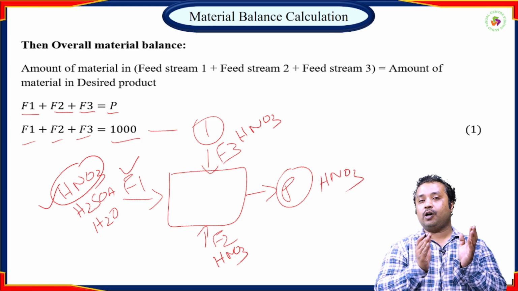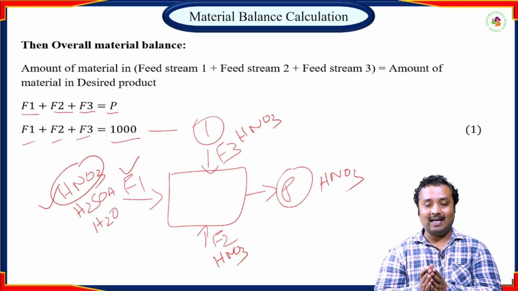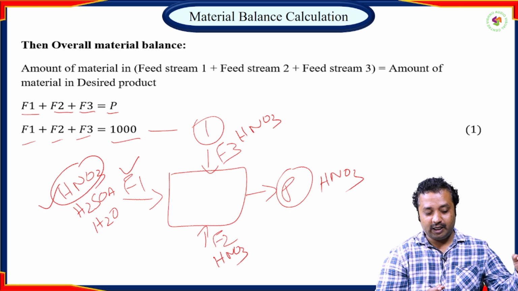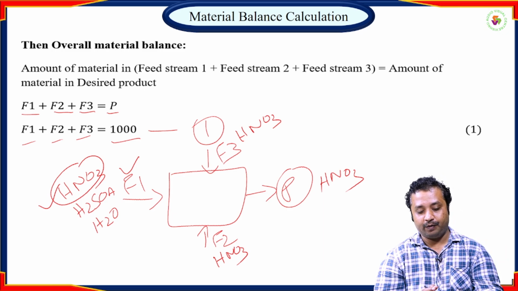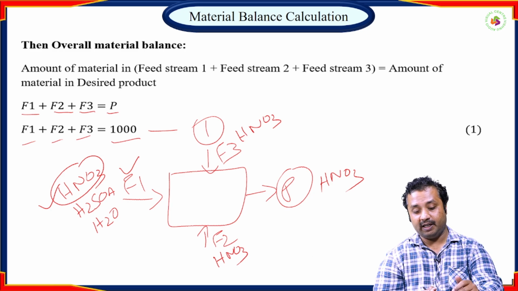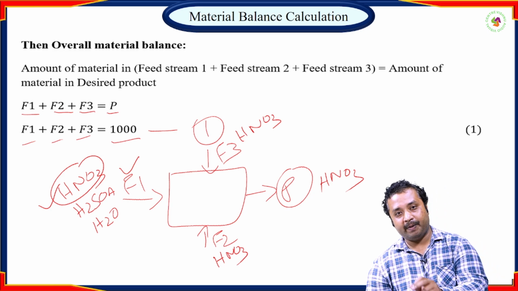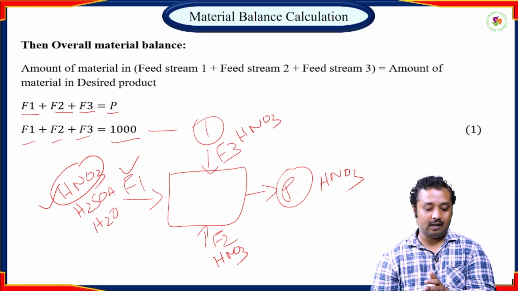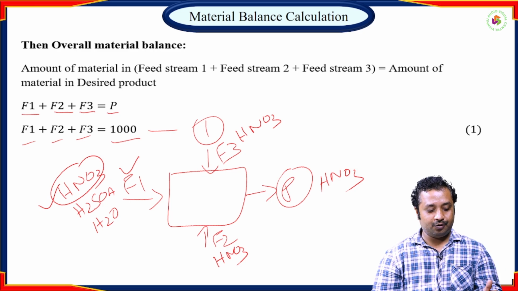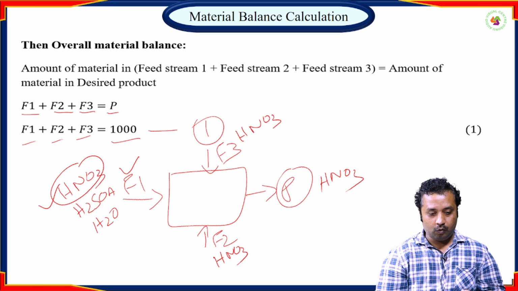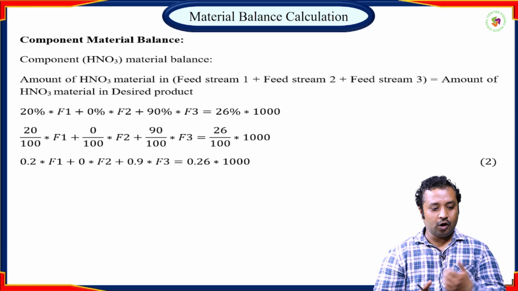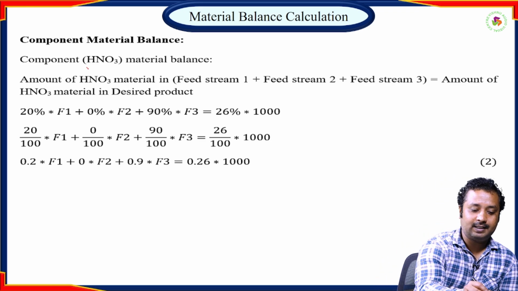This is called the component material balance of HNO3. Similarly for H2SO4 and water, we will do them one by one.